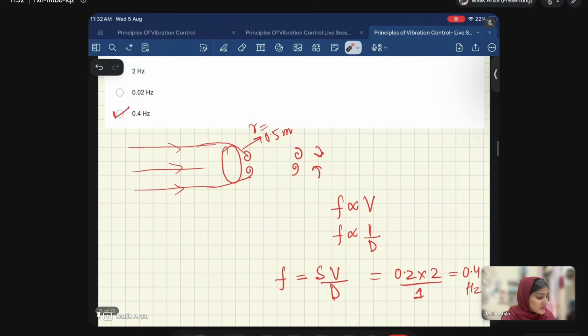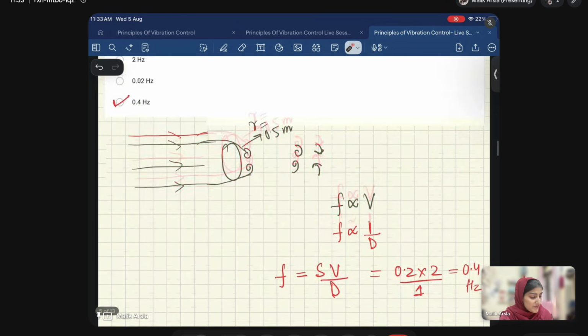And you can see that this frequency is inversely proportional to the diameter, because if the diameter is larger, the flow will not be interrupted that much, and this vortex formation will not be that much, so it is inversely proportional to the diameter.